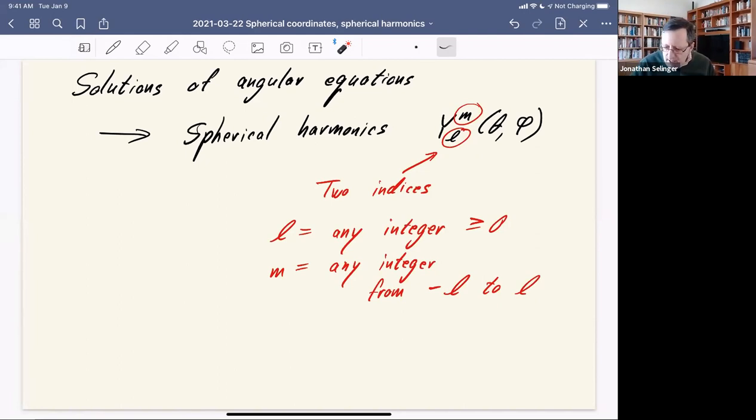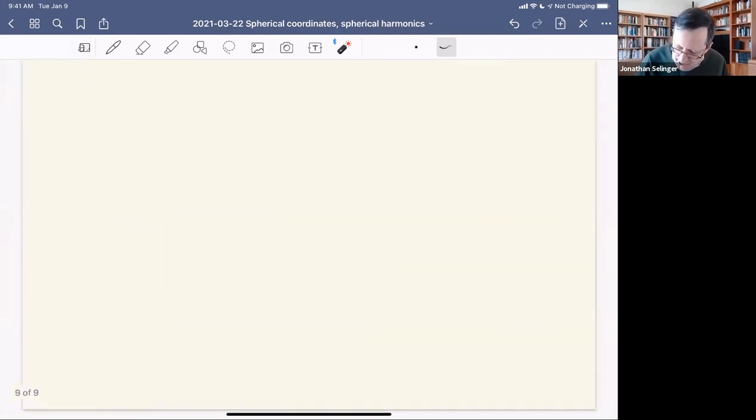Let me tell you a few things about these special functions, and then I'll switch to Mathematica and show you stuff about them. So let me tell you special things about spherical harmonics.